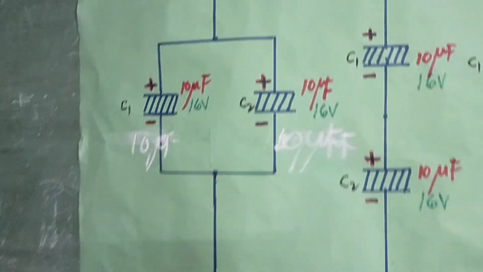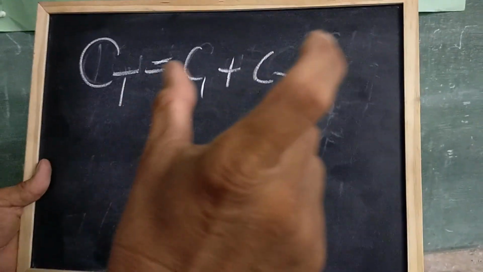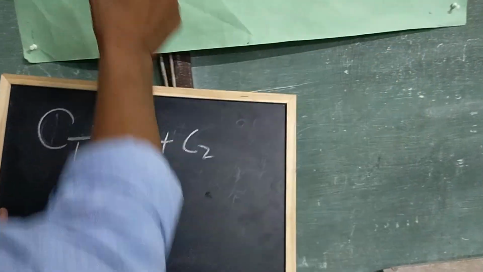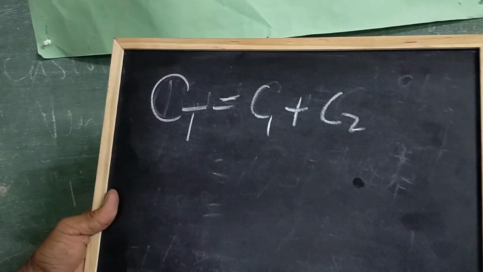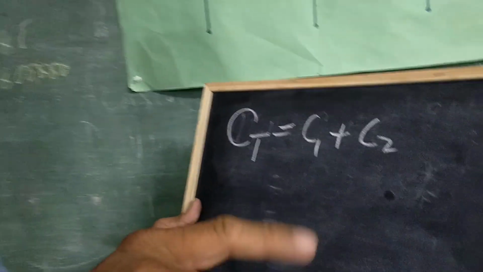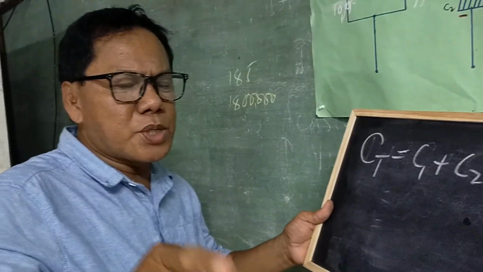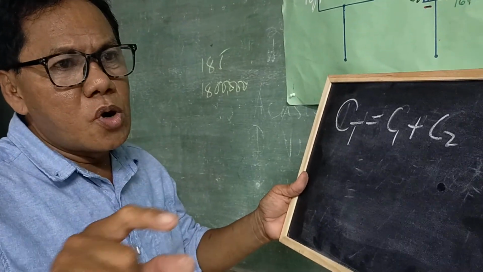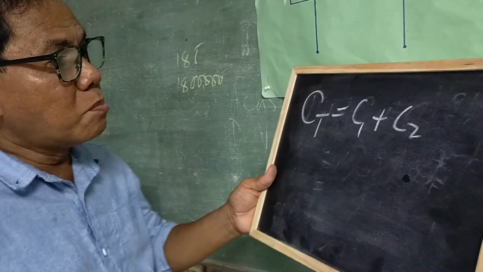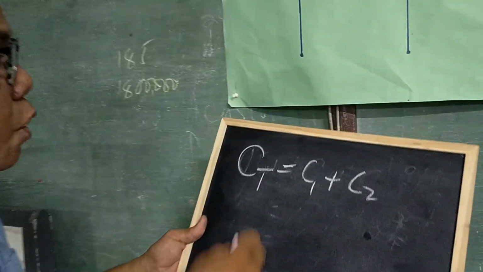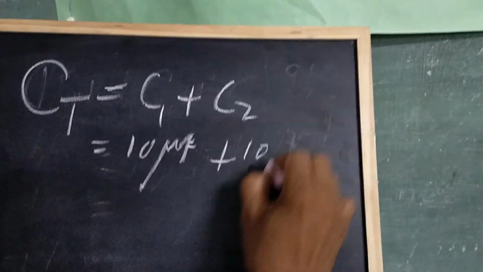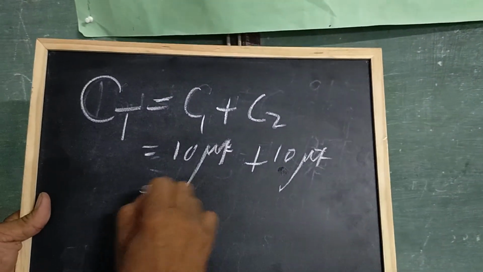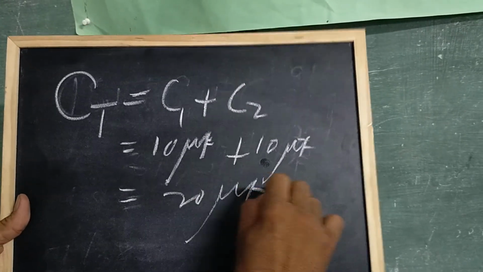Remember that it is opposite to the formula for finding total resistance. When two resistors are connected in parallel, RT, the total resistance, is equal to R1 times R2 over R1 plus R2. But here it is different. So 10 microfarad plus another 10 microfarad for C2 is equal to 20 microfarad.